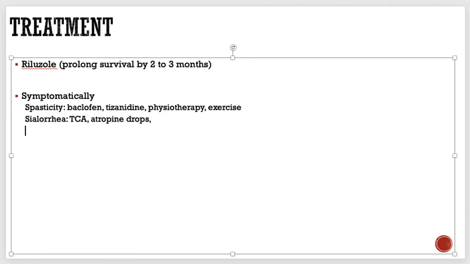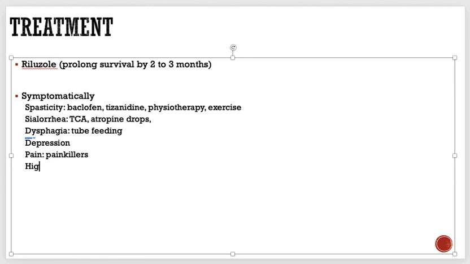If they have dysphagia, because there can be aspiration, we can put a gastrostomy tube, and tube feeding can be done in these patients. If they have depression, give them antidepressants. If they have pain, give them painkillers. Of course, not much can be done for these patients.